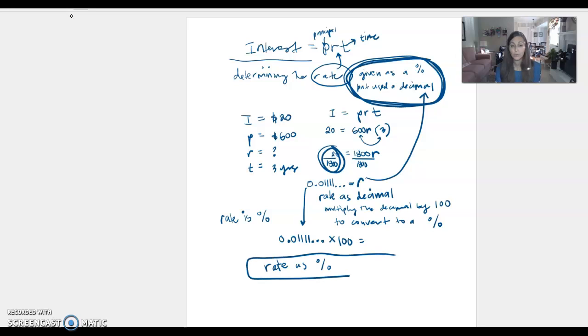That bumps the decimal 2 places to the right, so it will be 1.11%. This would be the answer if they were asking for the rate. The answer is a percent.